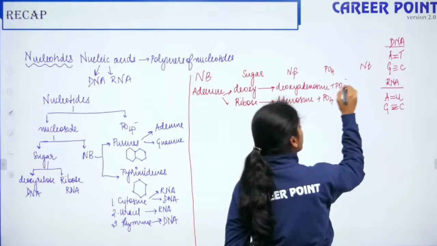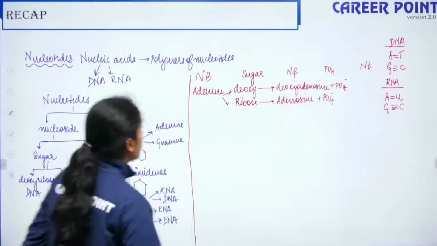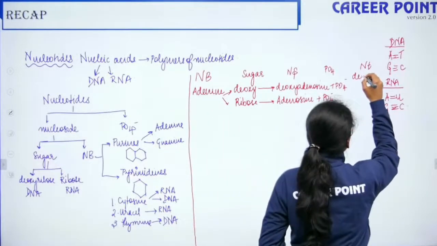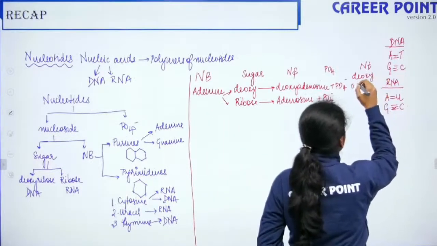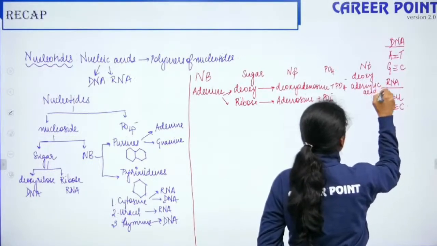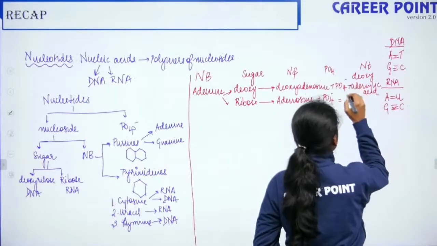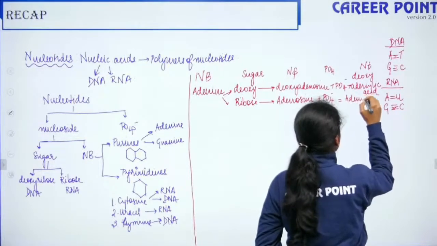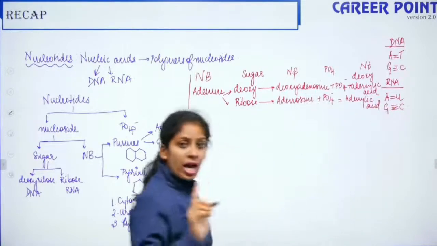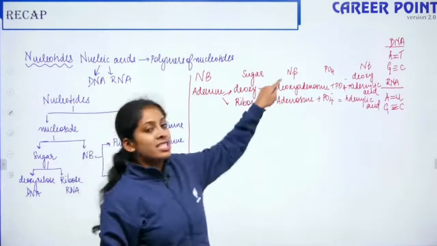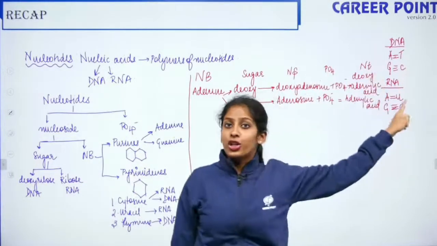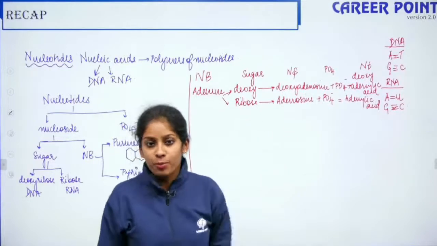Now it is forming a nucleotide. So what will be the nucleotide here? Here the nucleotide will be deoxyadenylic acid, and here it will be simply adenylic acid. Clear? So now you should know adenosine is a nucleoside and adenylic acid is a nucleotide. This is very, very important.